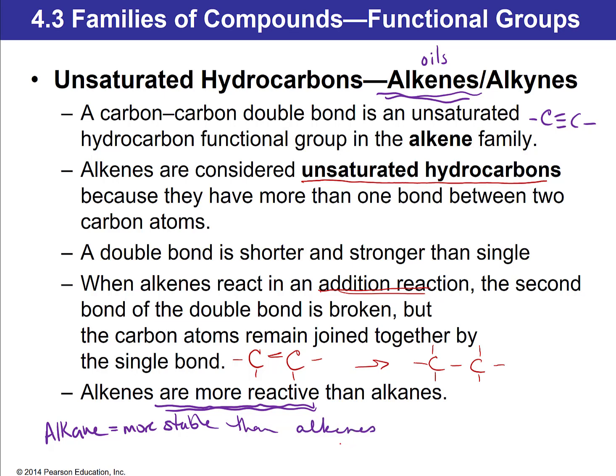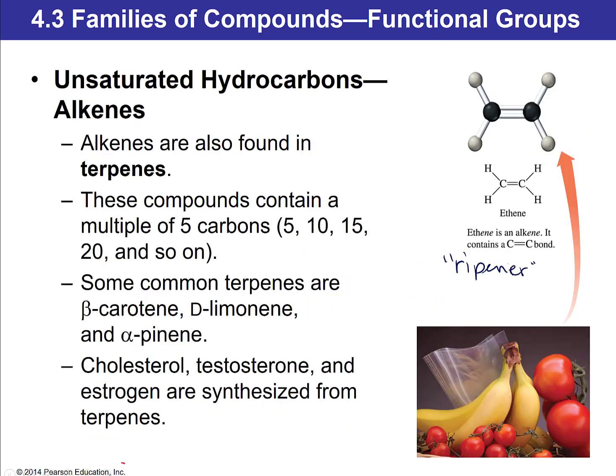And alkenes are more stable than alkynes with the triple bonds. But those are just variations that you can see between the carbon-to-carbon bonds.